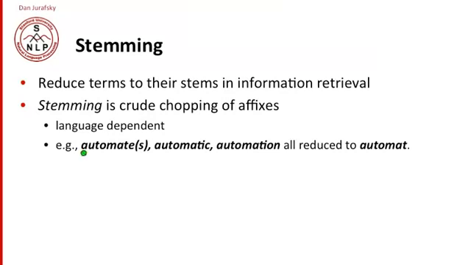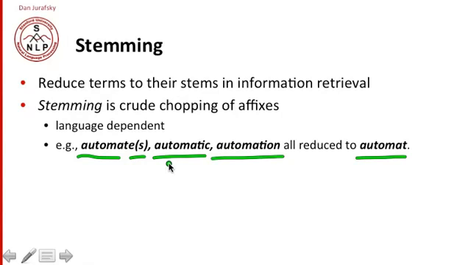So the English words automate, automates, automatic, automaton, we'd like them all to refer to the same stem, automat. So stemming is like a simplified version of lemmatization, where we pick a prefix of the word, use that to represent the word, and we chop off all the suffixes that are relevant leading to that stem.